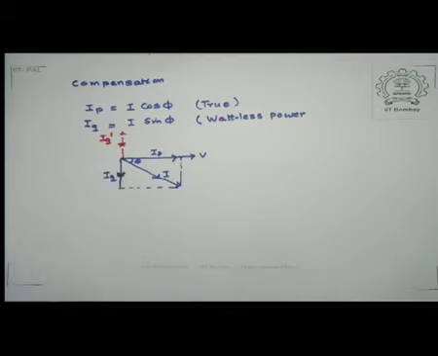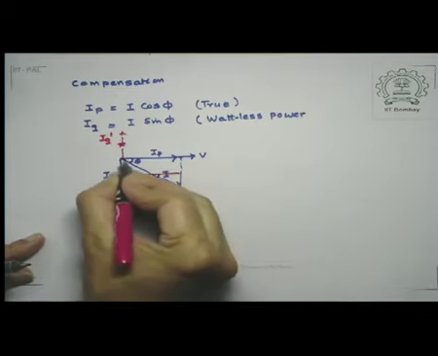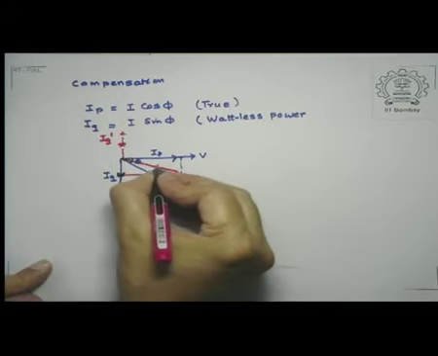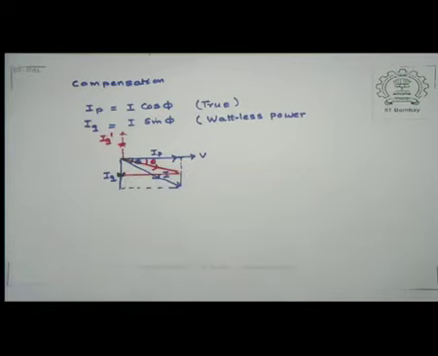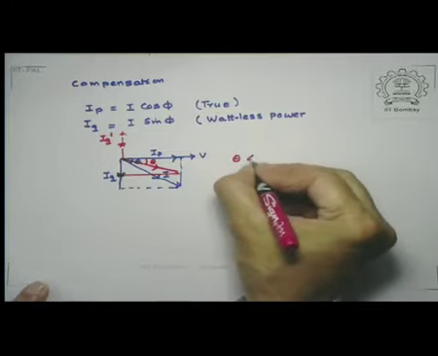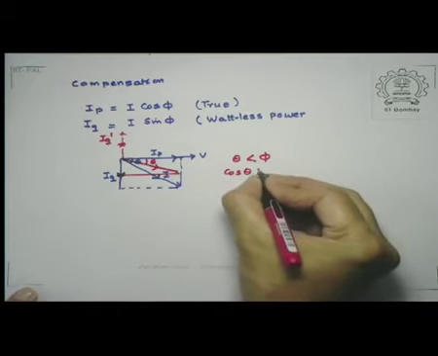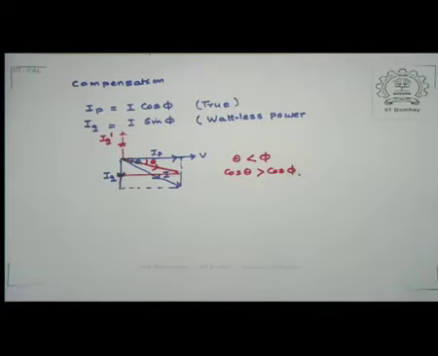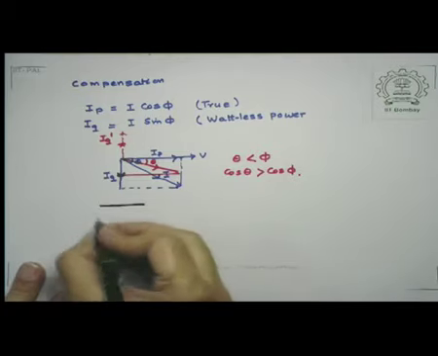Now if you complete this rectangle here, then you notice that my direction of apparent power is going to be like this, and the angle that it will make will be theta, such that theta is less than phi, which of course means that cosine of theta is greater than cosine of phi. And this is, as we have talked about, done by introducing a capacitive element. So this is the way it works.